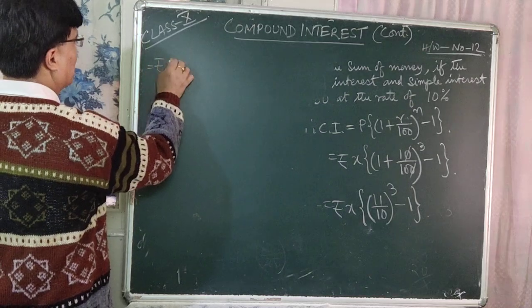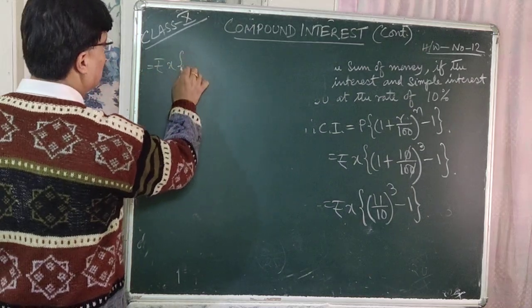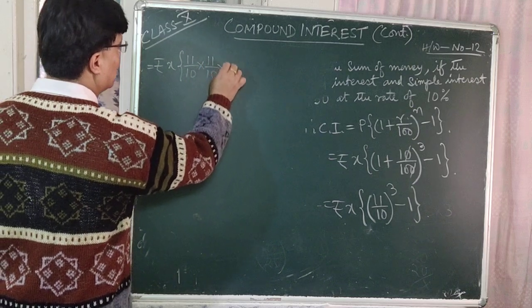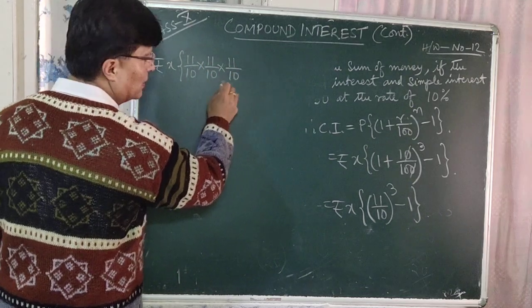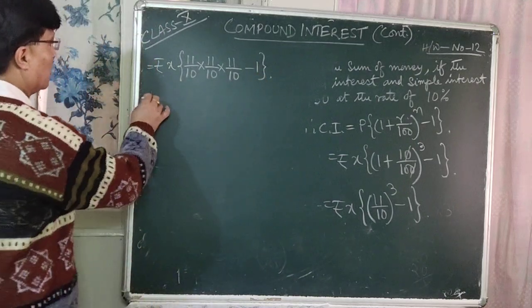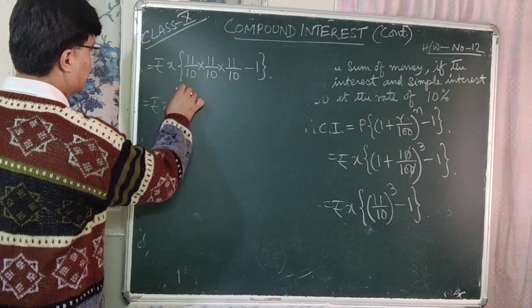It's equal to rupees X within second bracket 11 by 10 into 11 by 10 into 11 by 10, then minus 1.